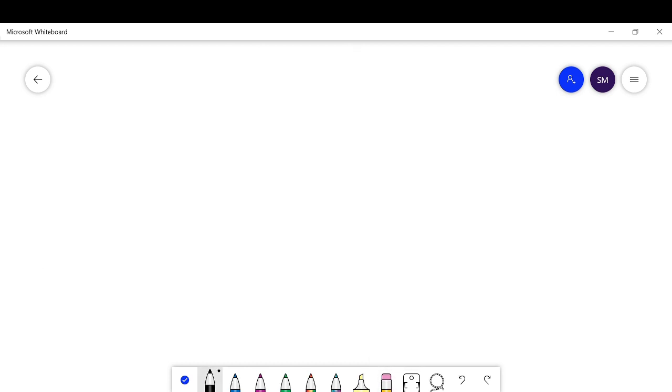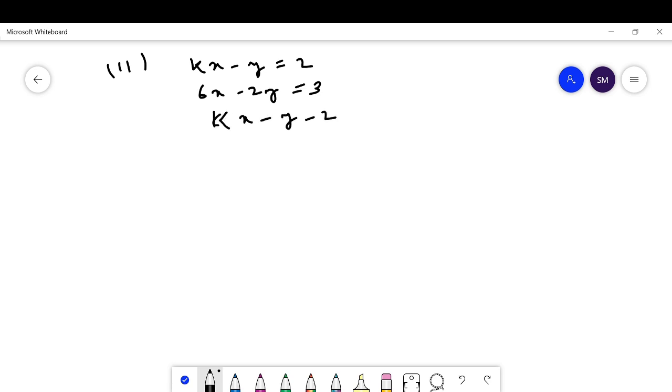Here the equations are given: kx minus y is equal to 2 and 6x minus 2y is equal to 3, means kx minus y minus 2 is equal to 0, equation 1, and 6x minus 2y minus 3 is equal to 0, equation 2.